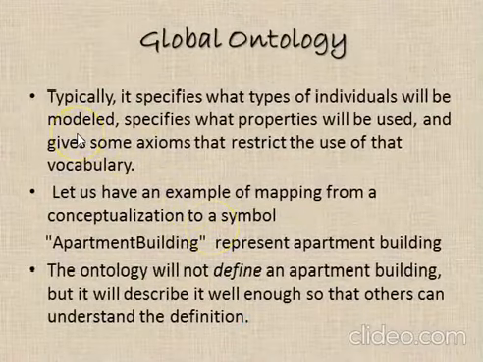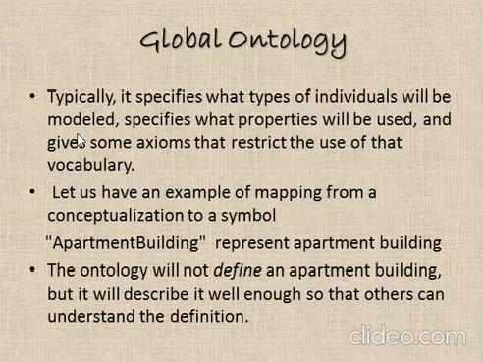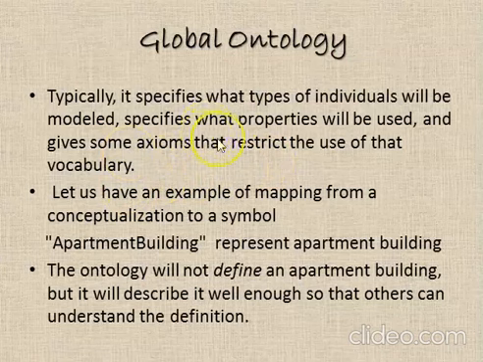Typically, it specifies what type of individuals will be modeled and what properties will be used, and it gives some axioms that restrict the use of that vocabulary. With an example, you will reach the conclusion of this sentence.